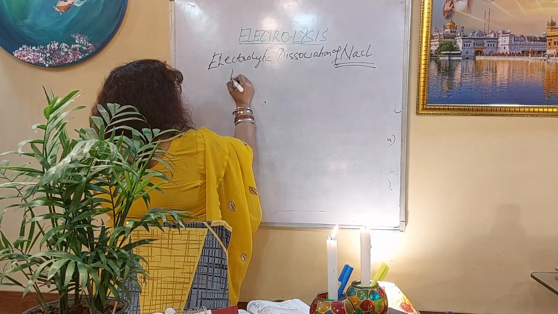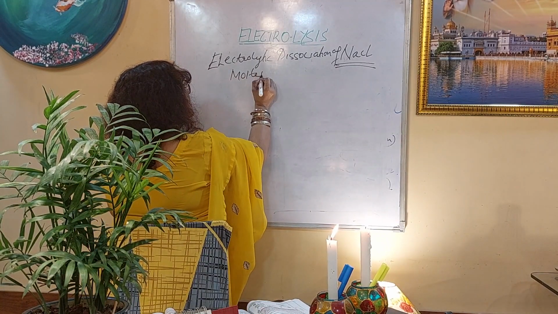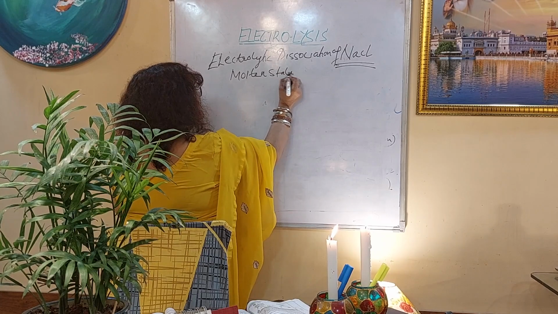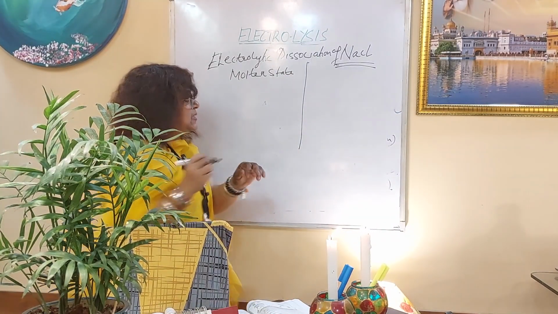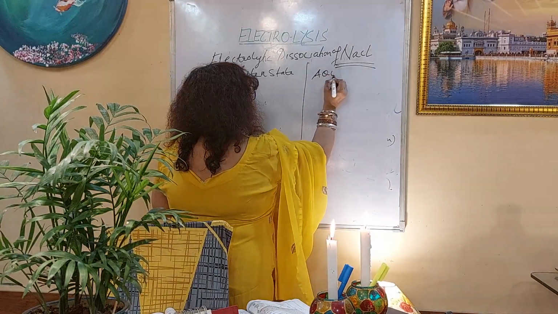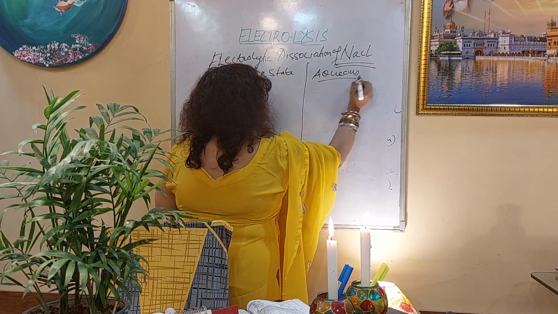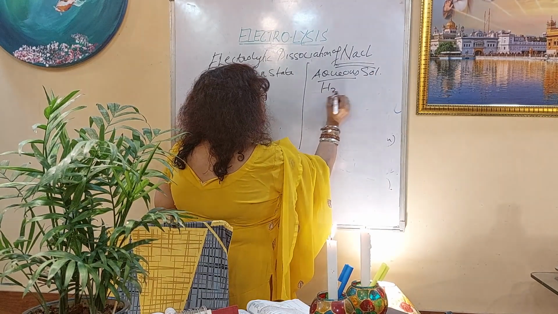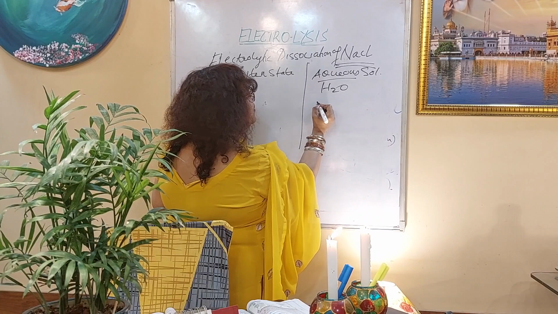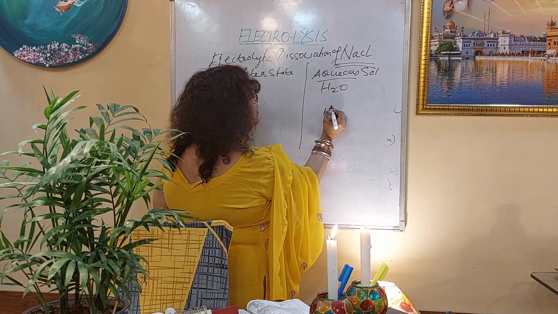How in the molten state? What happens in the molten state compared to the aqueous state? Aqueous solution means it will be with water. Water is a polar solvent.